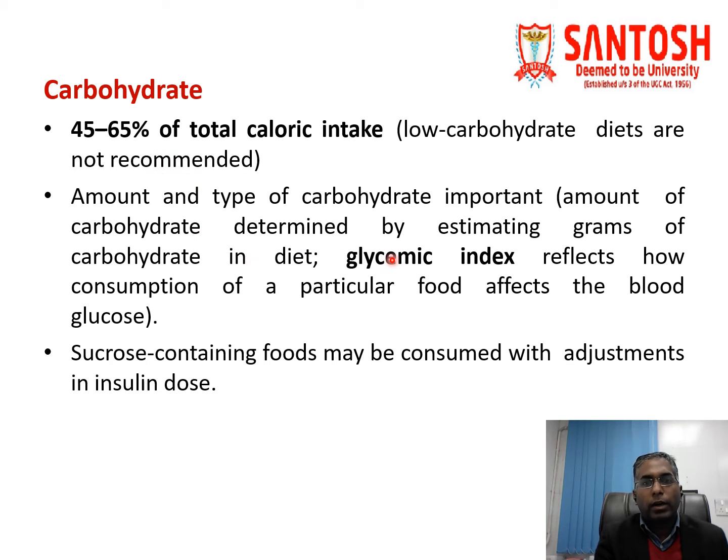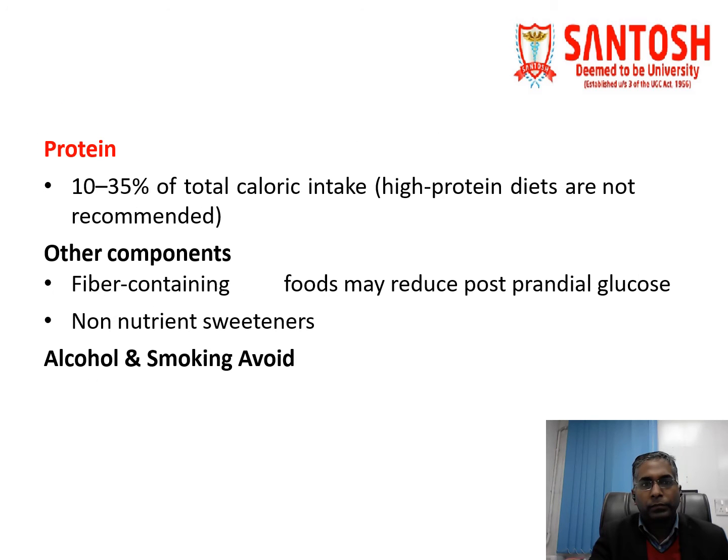The amount or type of carbohydrate is important. The amount of carbohydrate is determined by estimating grams of carbohydrate in the diet, and glycemic index reflects how consumption of a particular food affects the blood glucose level. Usually high glycemic index carbohydrates should be avoided because they can cause a rapid rise in the blood glucose level. Sucrose-containing food may be consumed with adjustment in insulin doses.